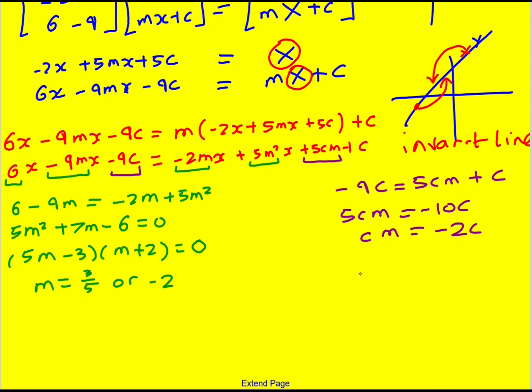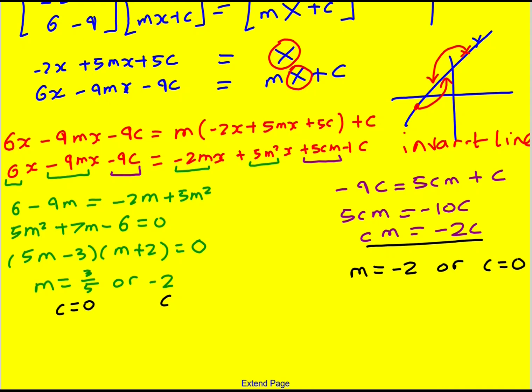When I did it, I actually did this one first, and I said that either m is equal to minus 2 or c is equal to 0. That kind of then mapped with this. So if m is minus 2, c can be anything. And if m is 3 over 5, then c would have to be 0. Alternatively, you can get this equation and sub in minus 2, and then you would get minus 2c equals minus 2c, which shows you that c can be anything.